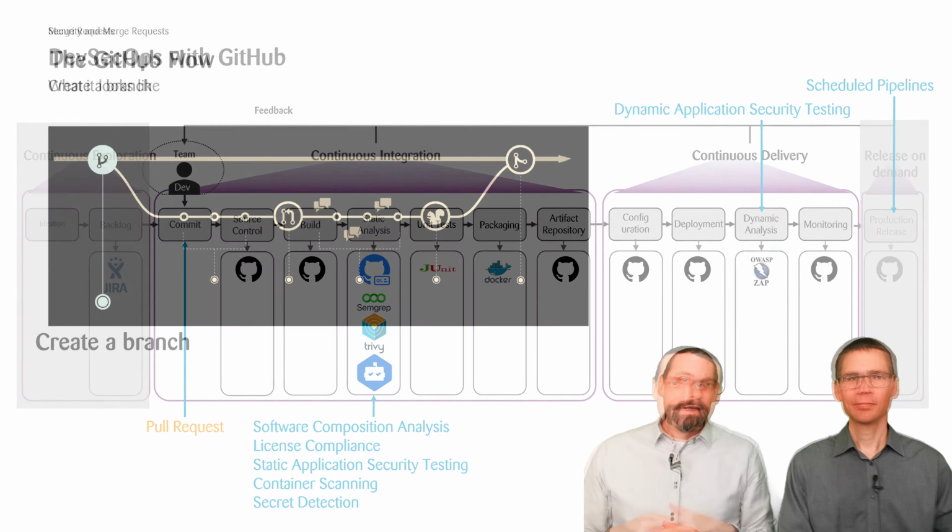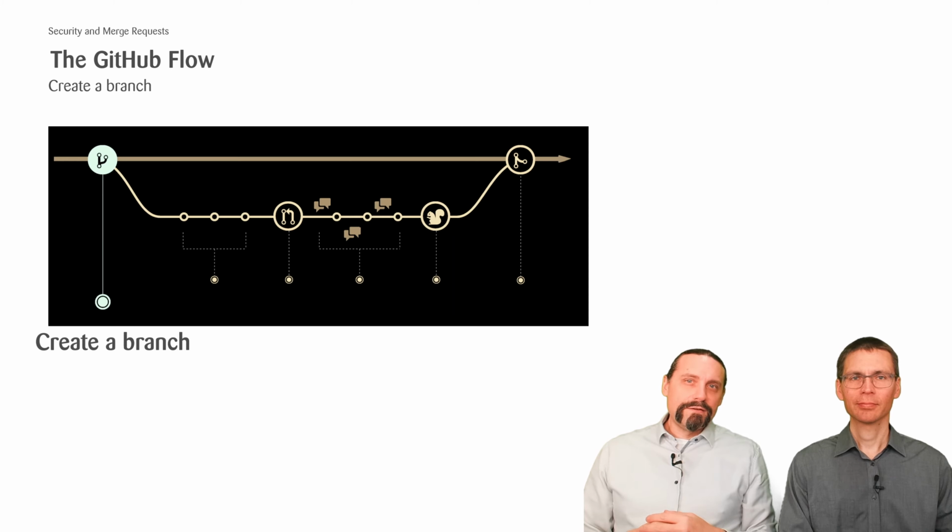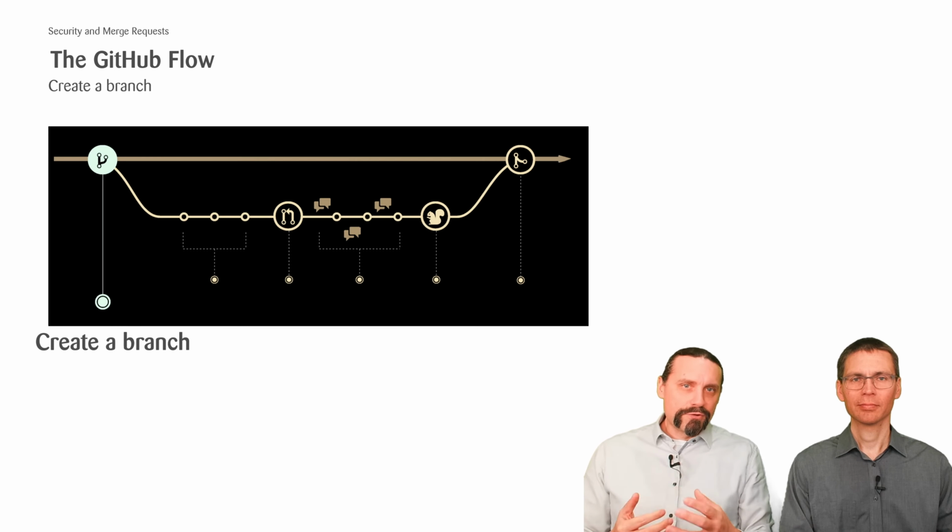Let's have a look. So, in order to understand what a pull request is, we need to understand what exactly a branch is. When we develop in a project, then usually we have a main branch where the whole source code or the whole development lies.